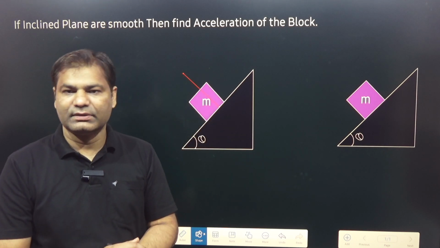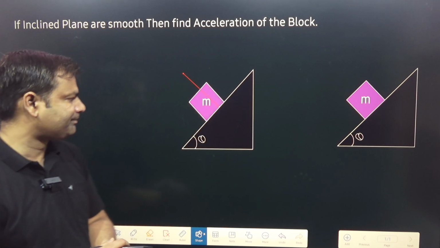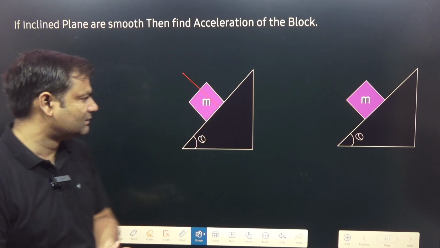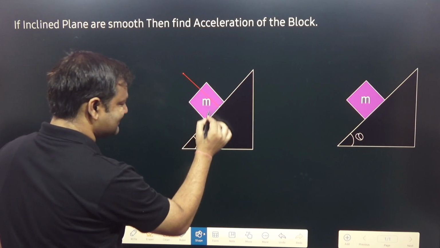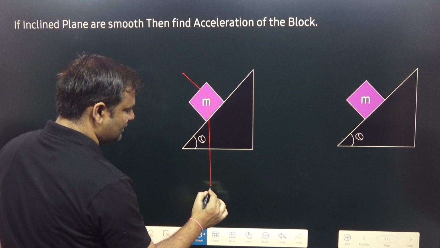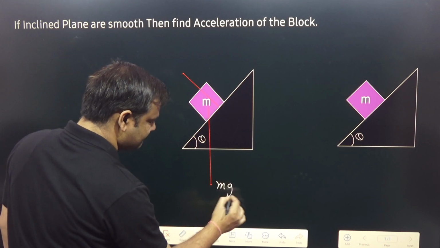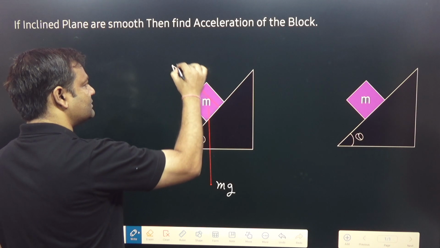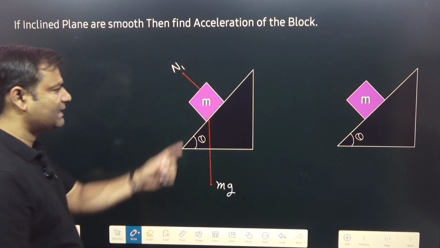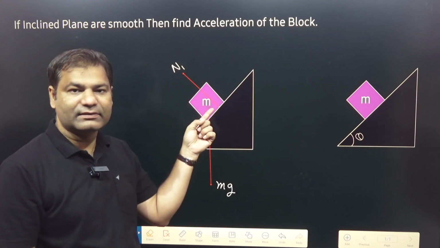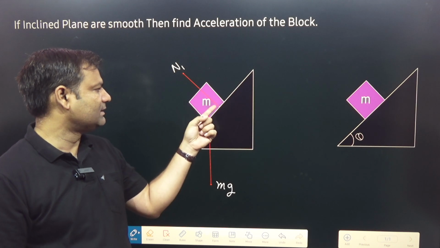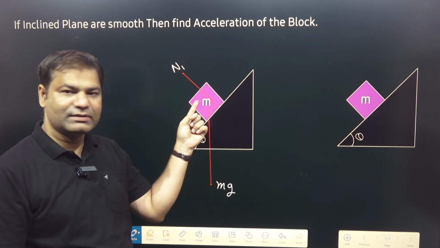Now the second one, the indirect contact force due to gravity, mg downward. So here m into g, and the normal force, this one is the direct contact force by the inclined plane on the small m block.